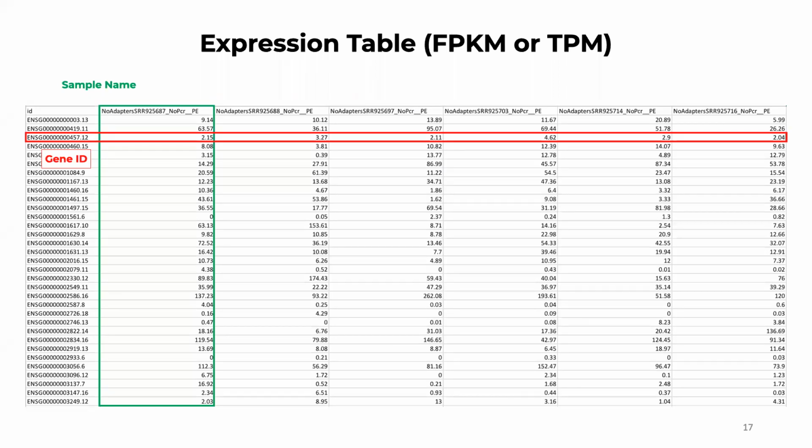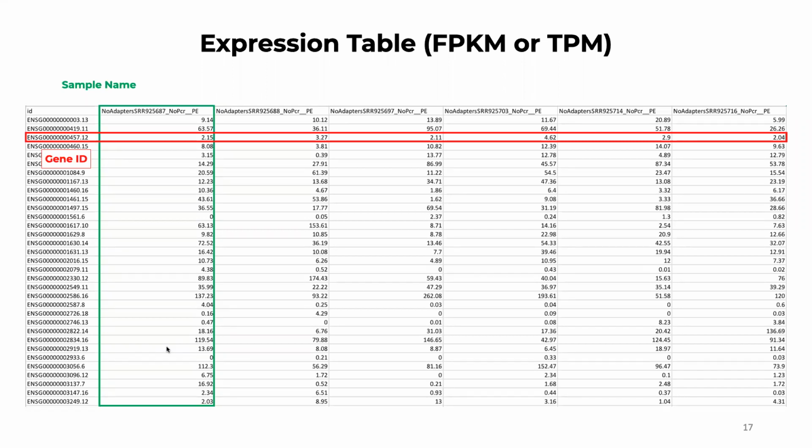So those types of transformations are going to change the numbers that you see inside. Oftentimes, you will see that these are not full numbers, so 2.9 or 51.78, and that right away tells you that there was some level of normalization here already.